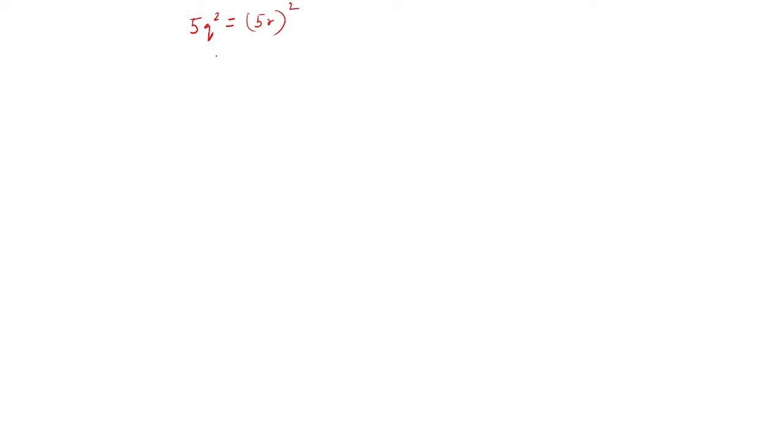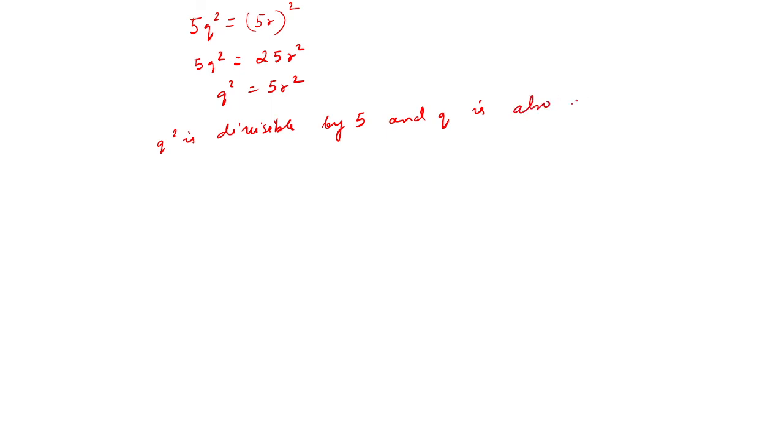So you get 5q square equal to 25r square. Now q square is equal to 5r square. So what does this mean? This also means that q square is divisible by 5, and q is also divisible by 5, all right, divisible by 5.